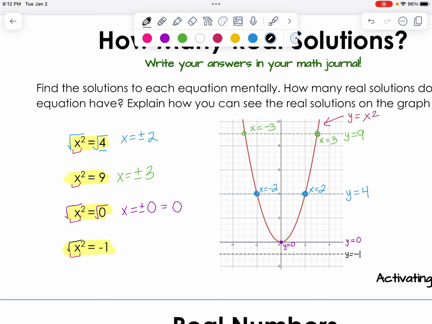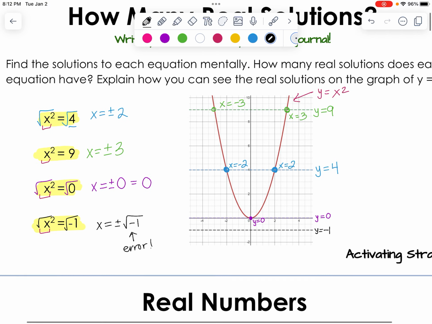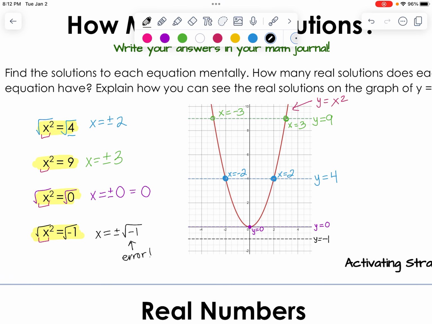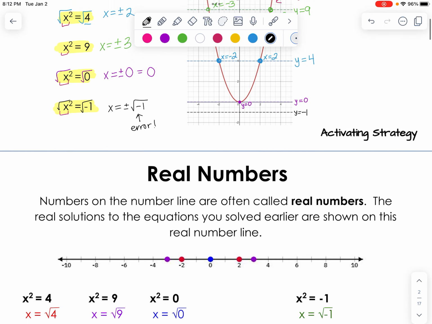Take the square root of both sides, and we're running into another problem because we can't take the square root of a negative. This always gave us an error. Well, that's until today, because today we are going to learn what types of solutions an equation might have if we are taking the square root of a negative.